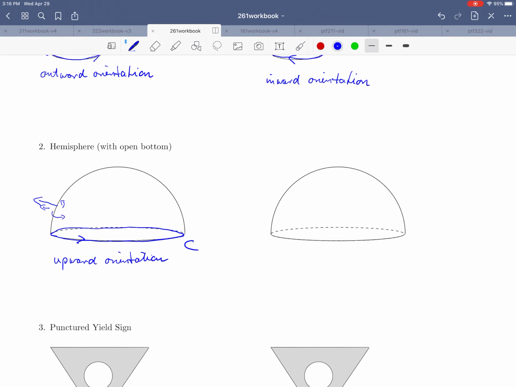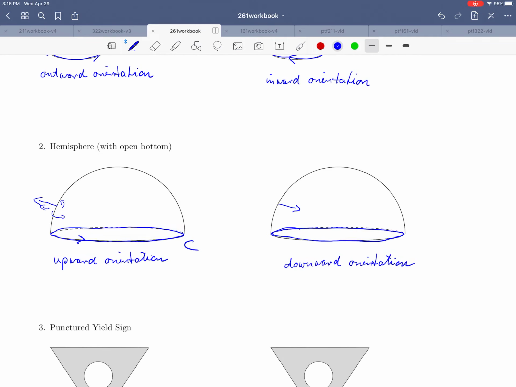And if you imagine the other orientation, the downward orientation, we still have the same boundary curve right here, the lip of this bowl.